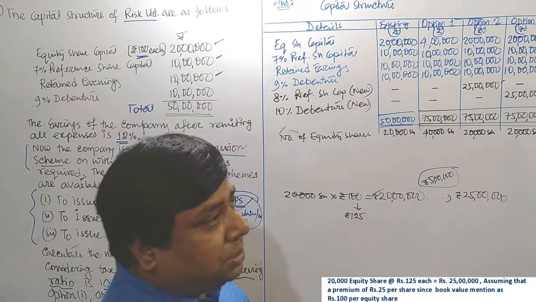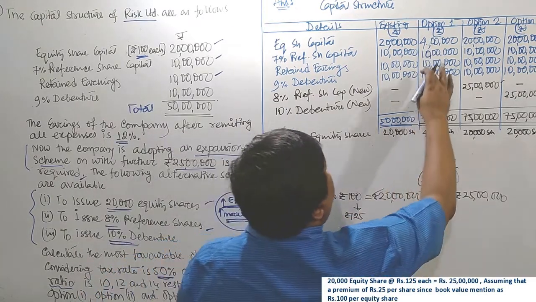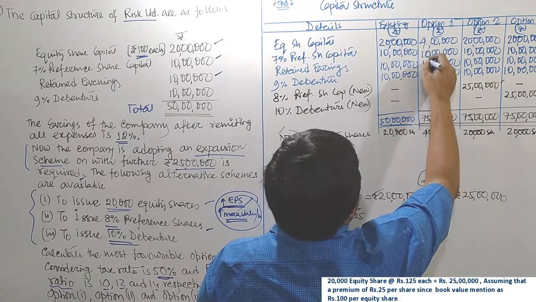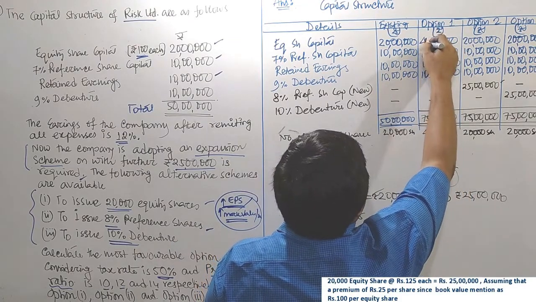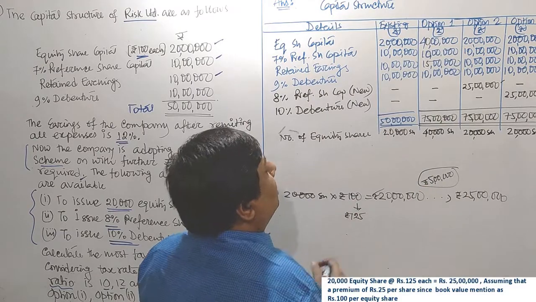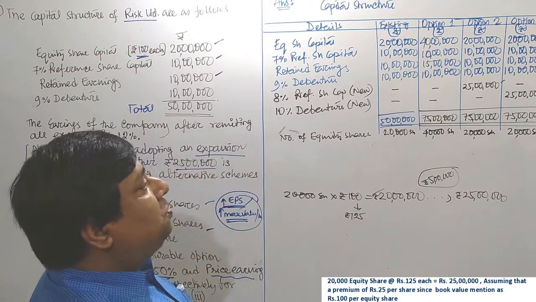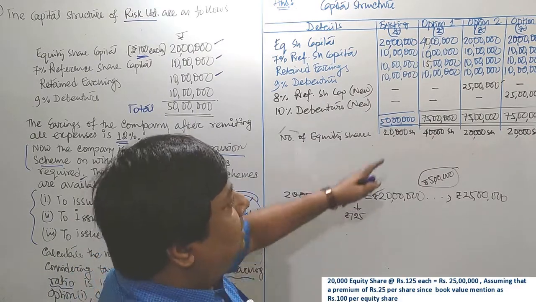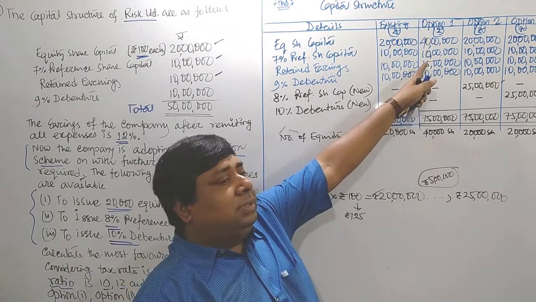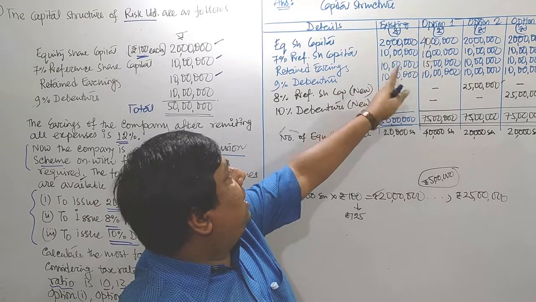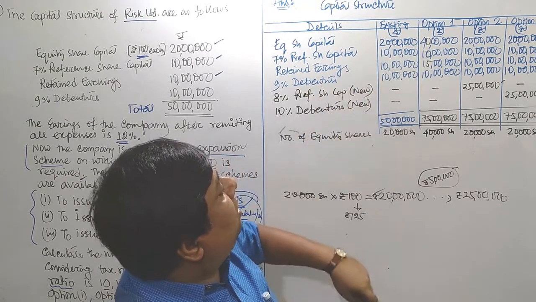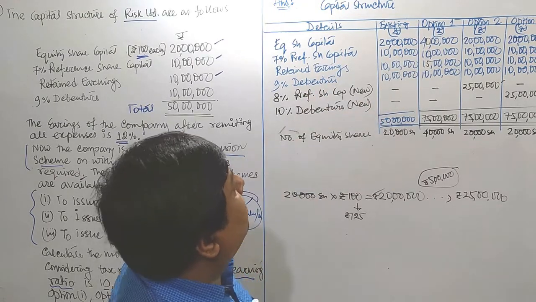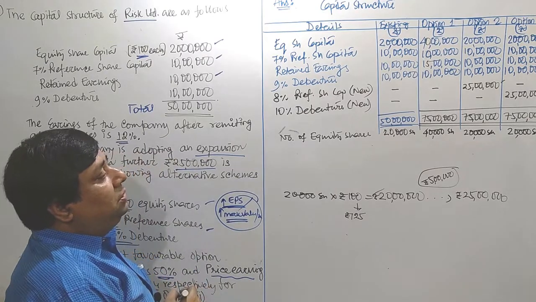Since the company issued such shares at a premium, the premium must be adjusted with retained earnings. You can write over here in such a manner. In this specific case, the company's retained earnings will raise, the premium being a part of retained earnings. You can write a note, and also you can write it in such a manner: 15 lakhs you can consider as your retained earnings, and 40 lakhs you can consider as your equity share capital.